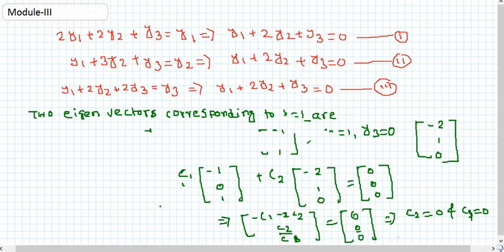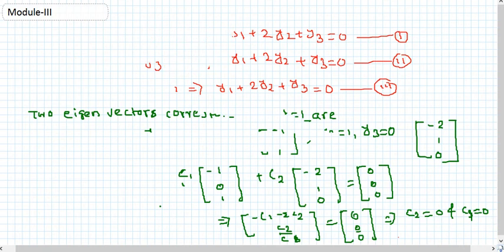Before that, let me erase this and write down the two linearly independent eigenvectors.